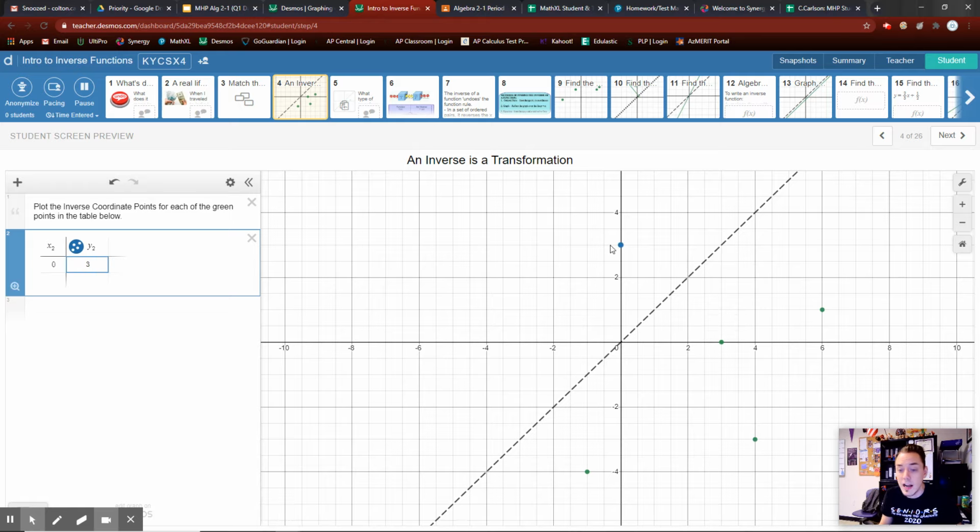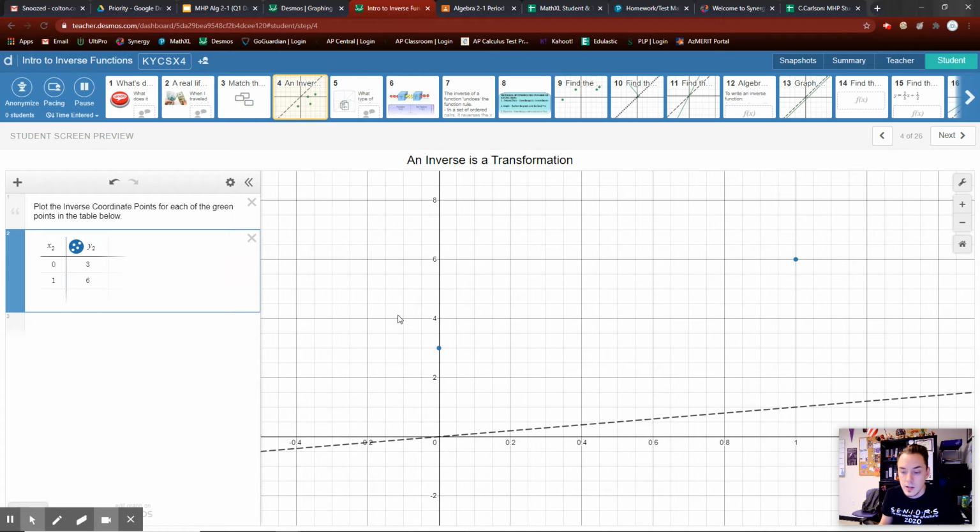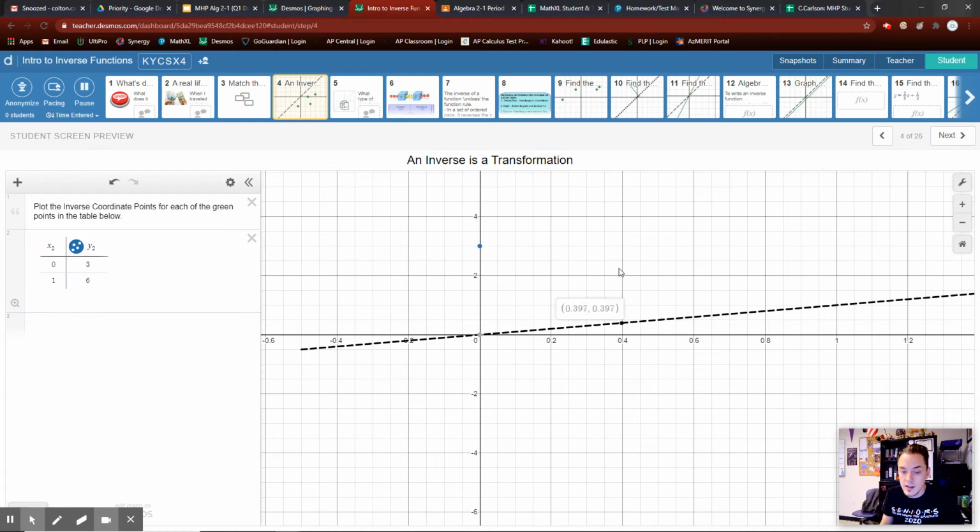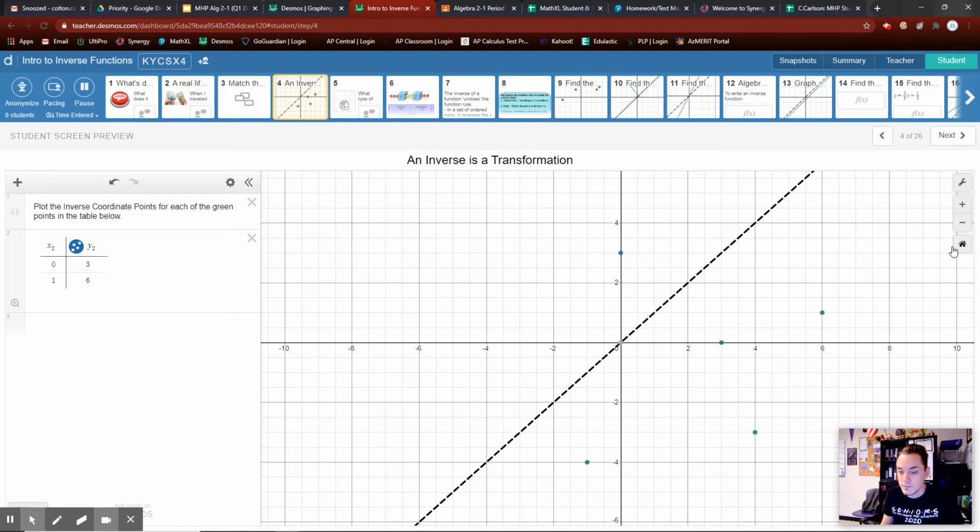Now notice where I have a blue dot here, right? I have a blue dot. So now let's kind of cancel out these other ones. This is 6, 1. So let's go over here and just put 1, 6. Not 6, 1, but 1, 6. You'll start to see other things happening here. 1, 6 instead of 6, 1.